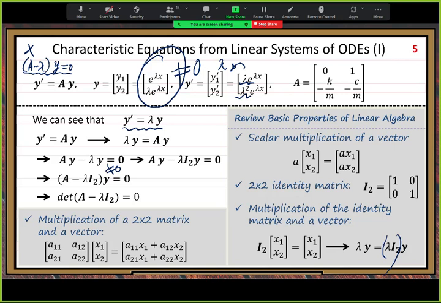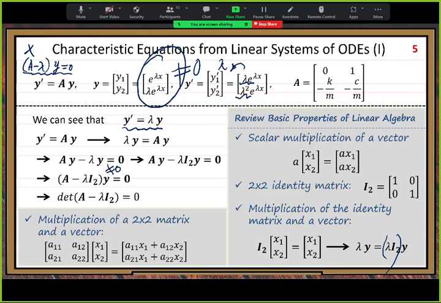The conclusion is that the determinant of this 2 by 2 matrix must be 0. The Wronskian is a determinant, right? It's similar to that Wronskian determinant. The situation is the same, although here we cannot say that's the Wronskian.